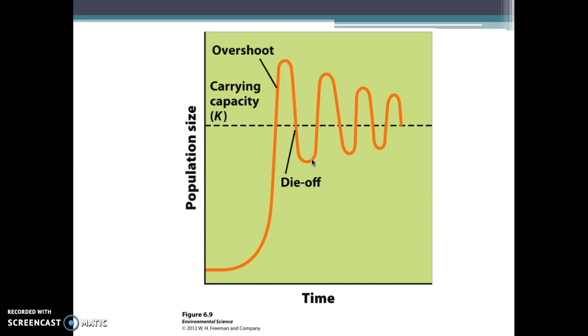There's enough resources to go around, so it'll start to increase. And you see what that pattern is doing. It's going up, and then, oh no, you overshot the population size, so it's going to go back down. And it's under the carrying capacity, so it's going to go back up. Oh no, you went over. So it overshot again, and it's going to keep going and going. Eventually it'll level out from that first overshoot.